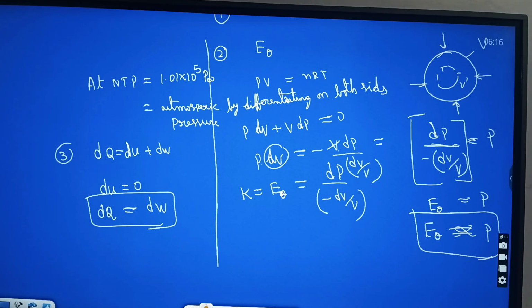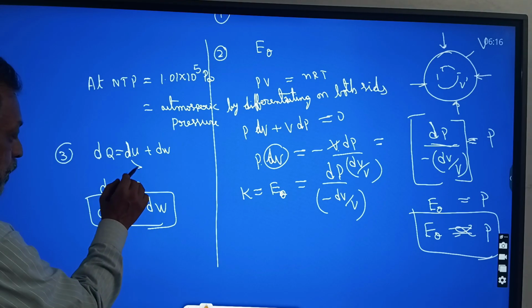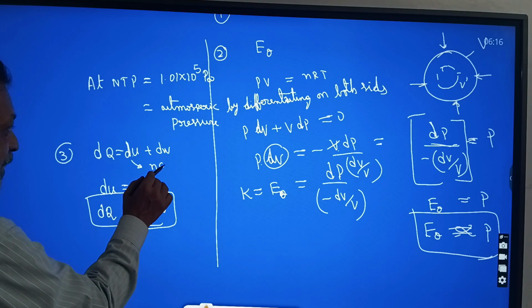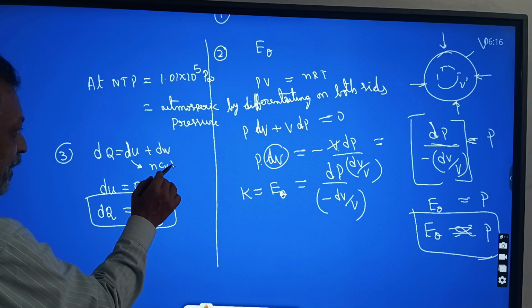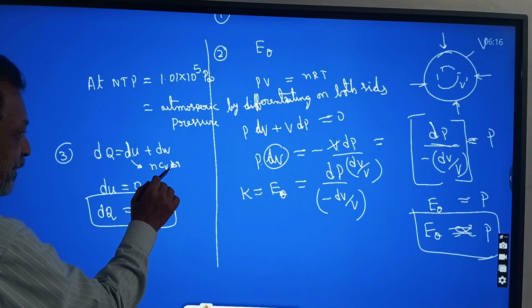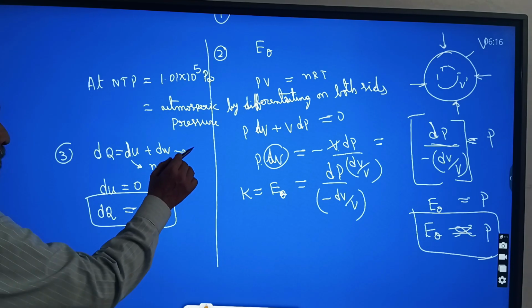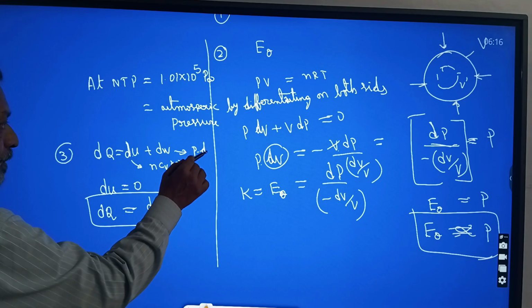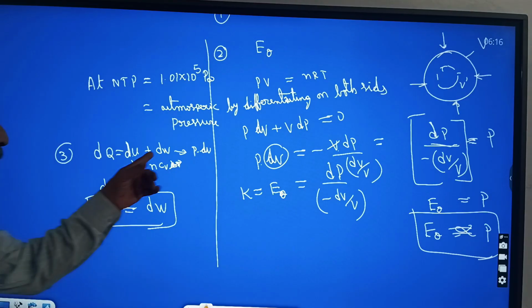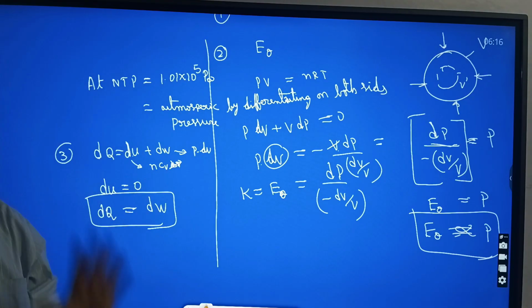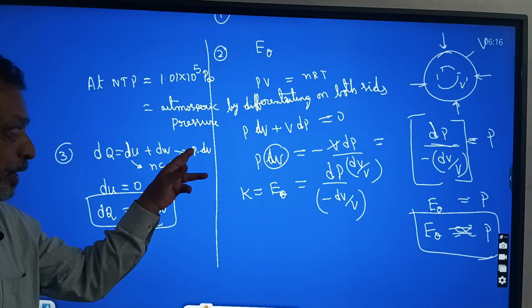How did you get it? What is the du? nCv dT or delta T. But temperature, this is 0. What is this work done W? PdV. I don't want temperature here. PV is good, nRT is there. Now I don't want to bother about temperature.